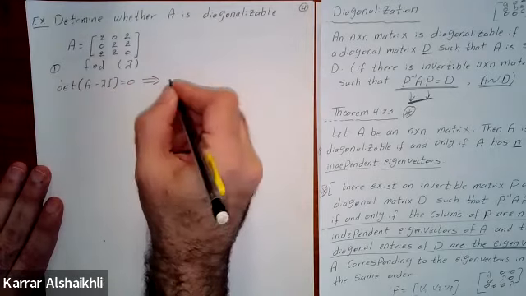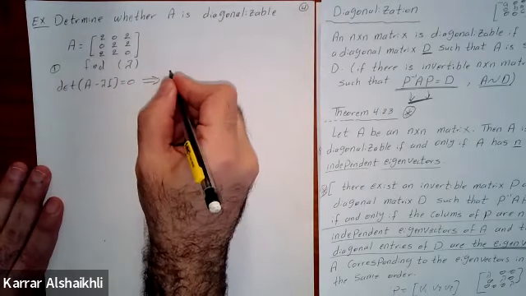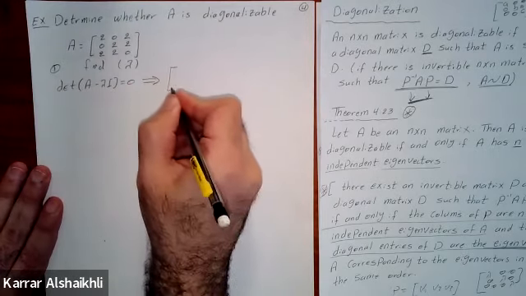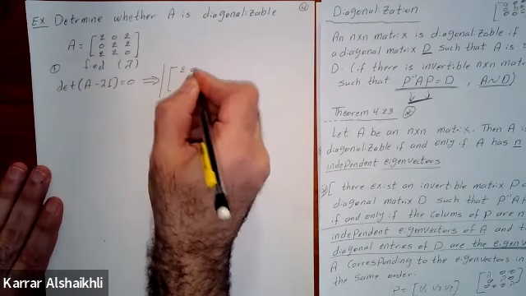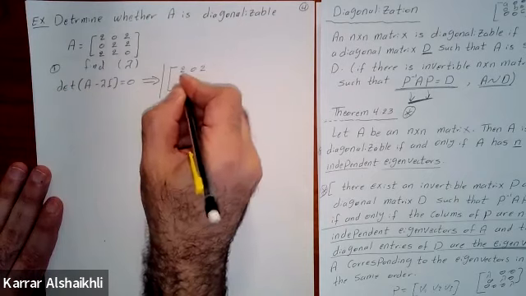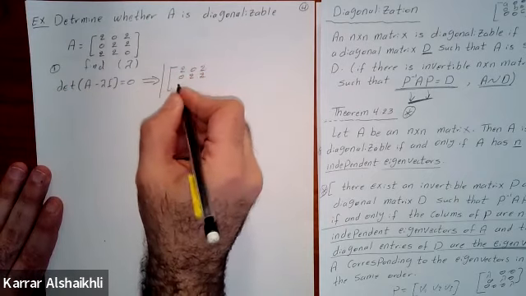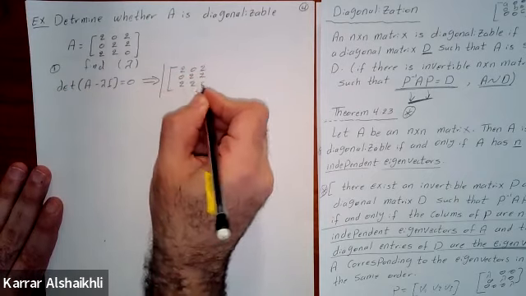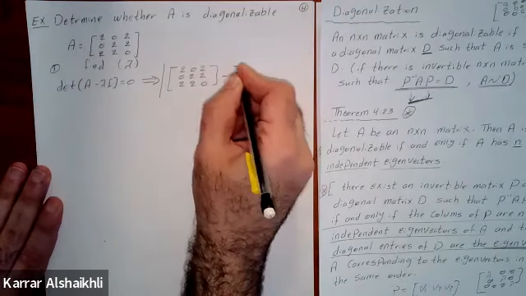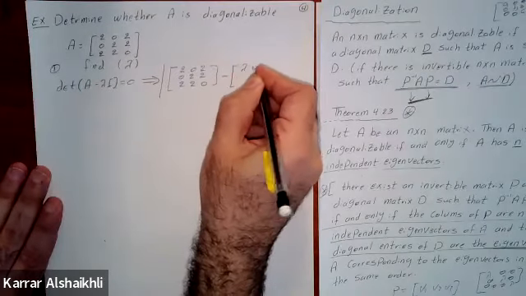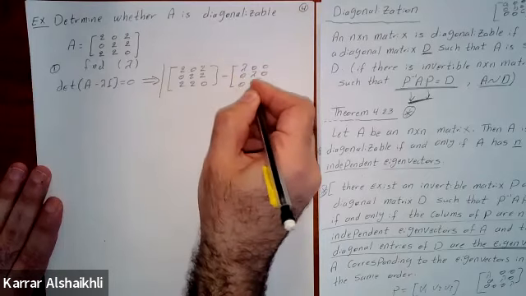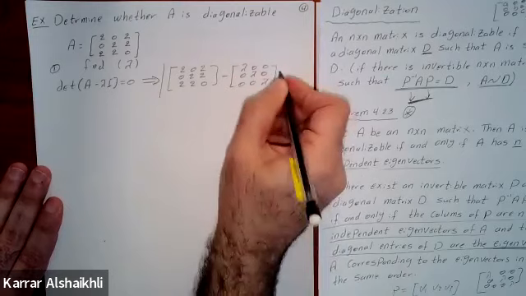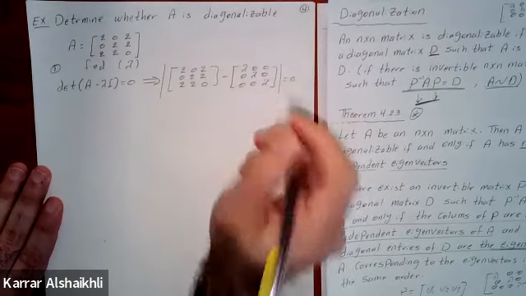That's the determinant. Write down A, which is 2, 0, 2, 0, 2, 2, 2, 2, 0, minus lambda 0, 0, 0, lambda 0. Everything is going to be equal to 0.